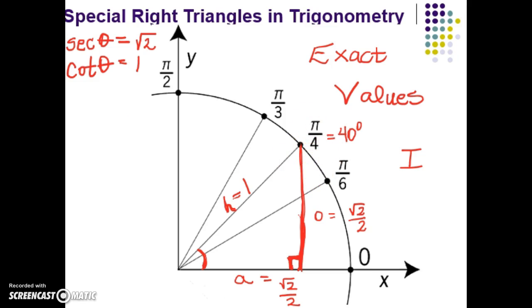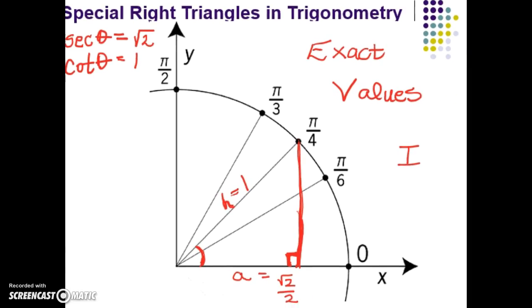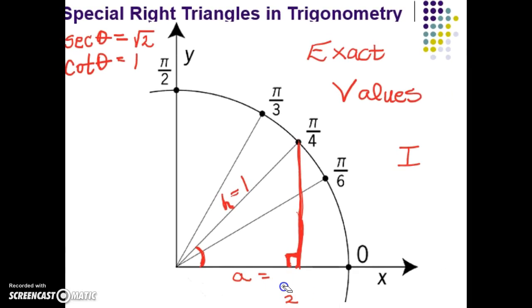Now I'm going to get rid of all of this that I have marked here because I want us to see something very important here.